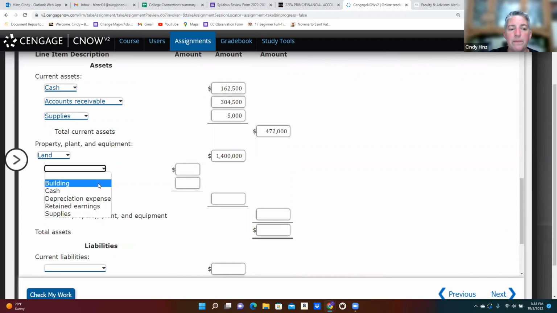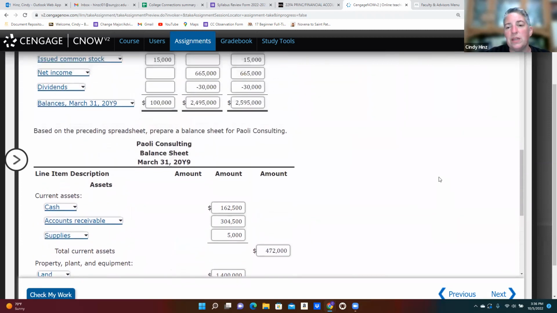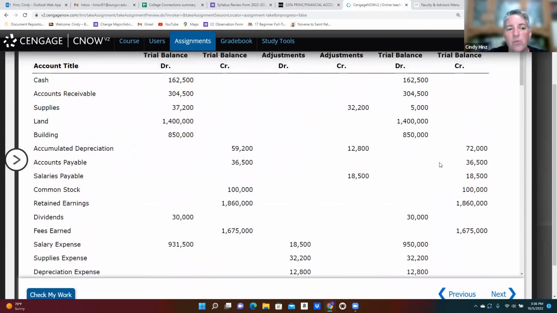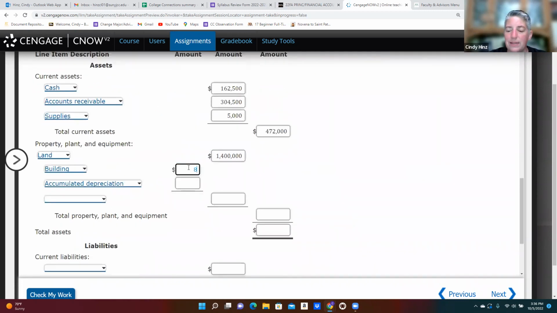And then the building is a depreciable asset, and so it's always going to have its original or historical cost and the amount we have used up or recorded as depreciation expense during the time that we've been using that asset. So we need both of those numbers. The building had an original or historical cost of $850,000. And after this year's depreciation, we have a total accumulated depreciation of $72,000 that has a credit balance because it is a contra asset. It goes against the building. It goes against the asset.